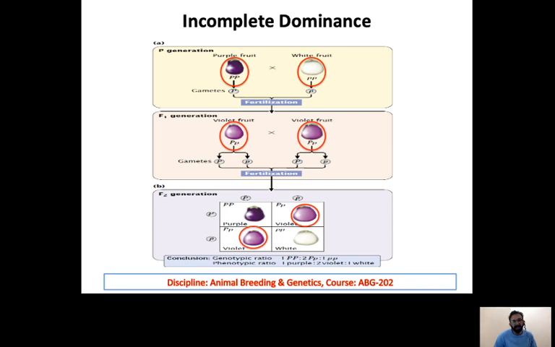They are the same. 1 for dominant, that is the purple. 2 for heterozygotes, that is, here you can see the violet. And 1 for white, that is the homozygous recessive. So as I mentioned, in case of complete dominance, there would be no obvious phenotype and the individual might be a carrier. And that we are supposed to work out, and we can do it with the help of the test cross.